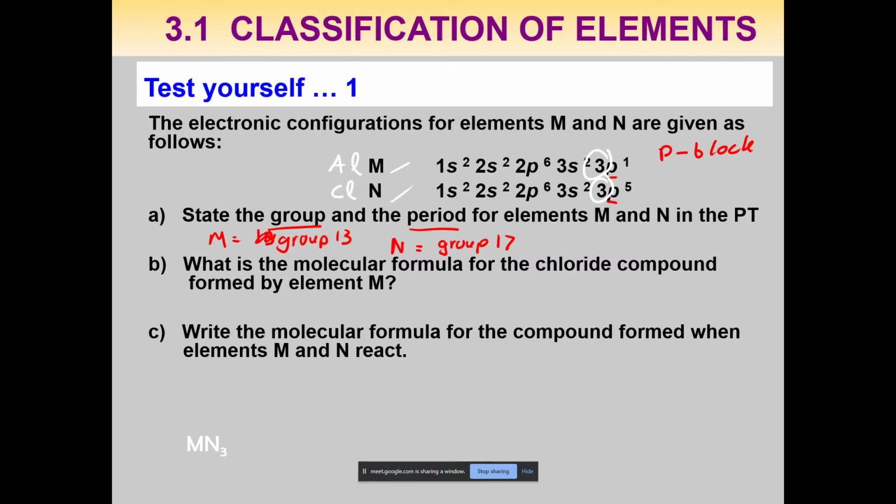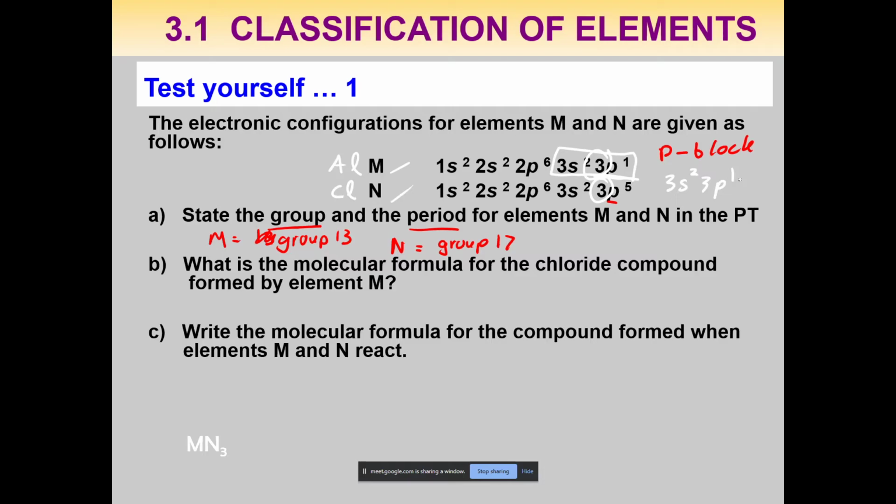Okay, what is the molecular formula for the chloride compound formed by element M? Okay, for M, its valence electron is 3, so it is 3s2 3p1.